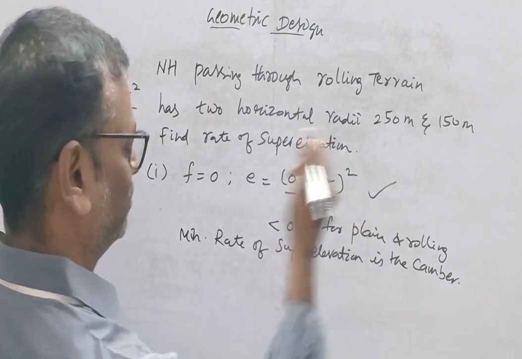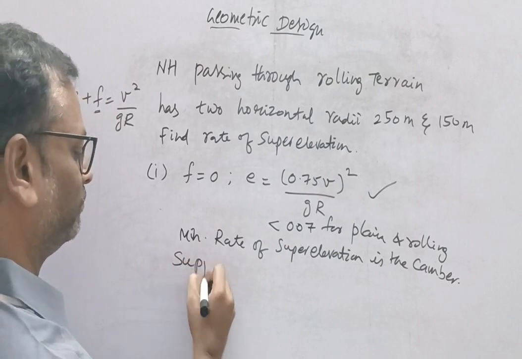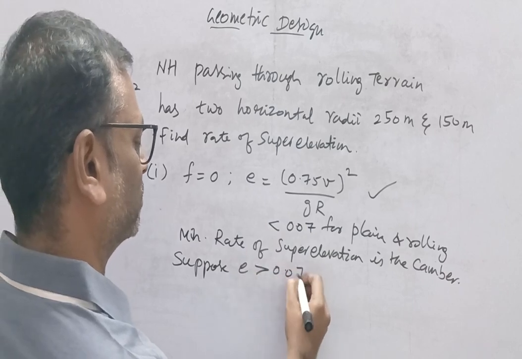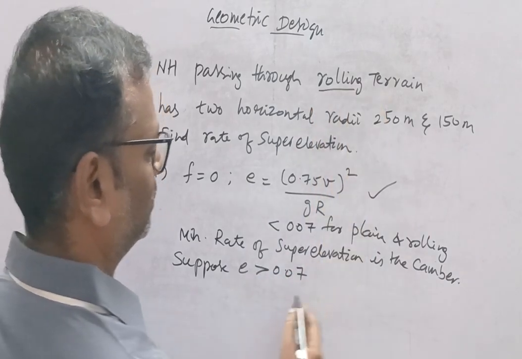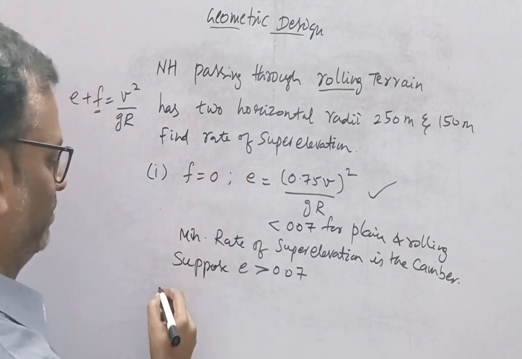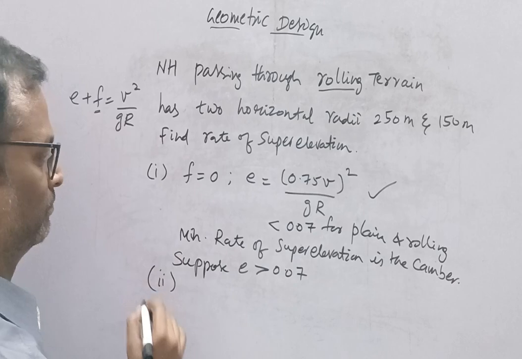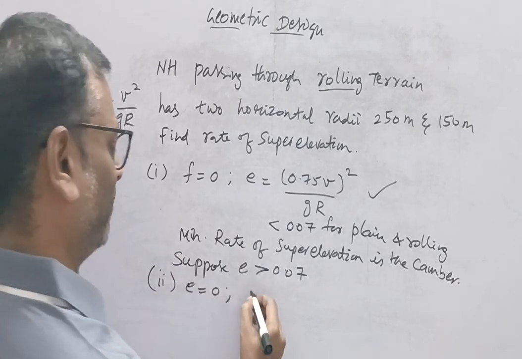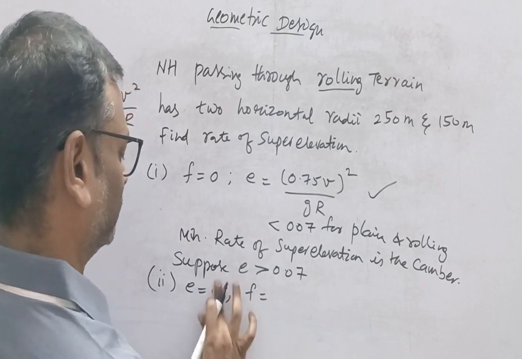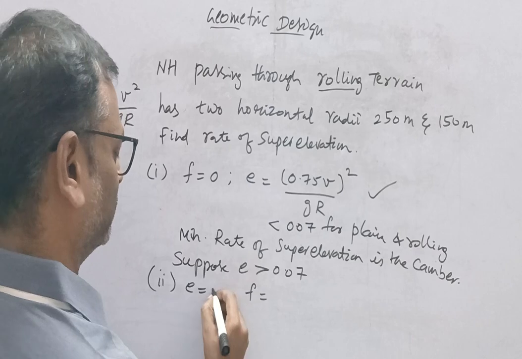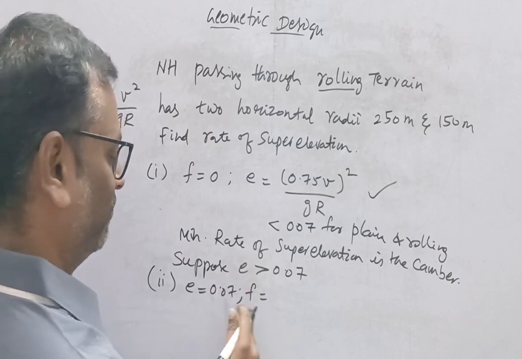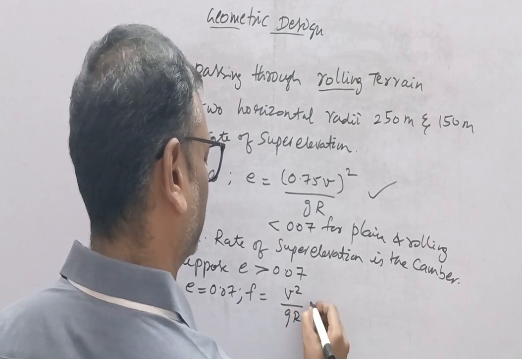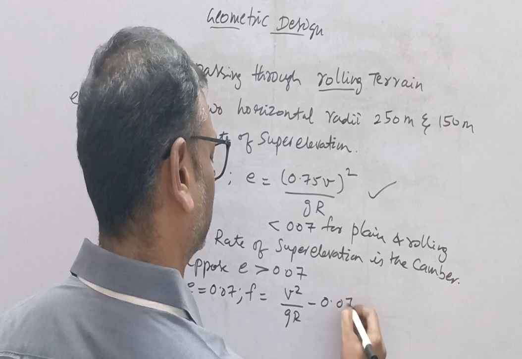So now suppose the calculated E is more than 0.07, because this is rolling terrain. Then go to the next step, that is adopt E as 0.07 and find F, that is V square by GR minus 0.07.